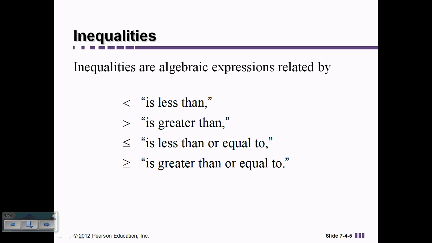So for example, if you have x less than 3, then if you think about a number line, you know that you're moving to the left on the number line because the arrow is pointing in that direction. If you have x is greater than 3, then you know you're pointing to the right on your number line. But that only works if x is on the left-hand side of the inequality. So keep that in mind as we're going through this next part.